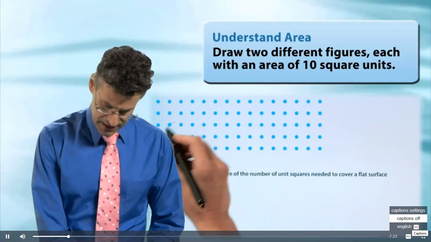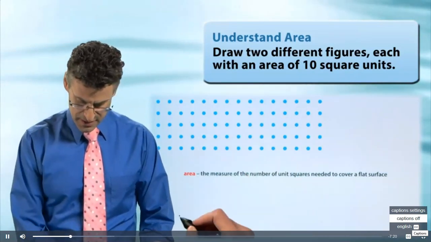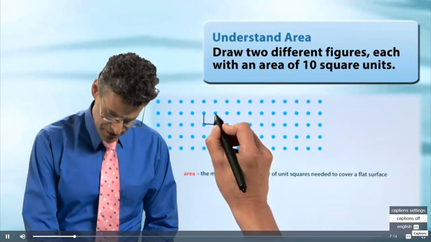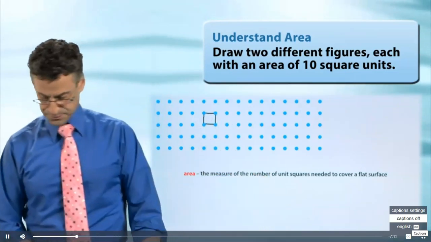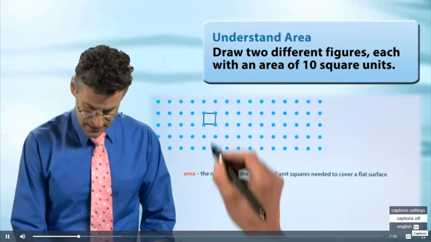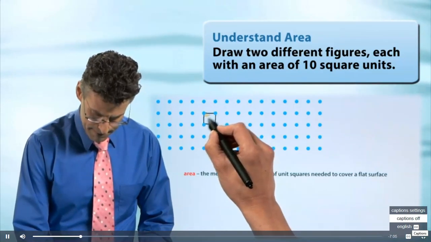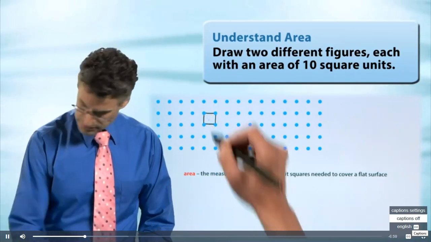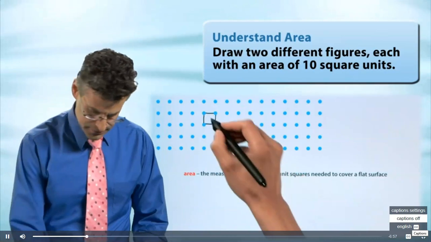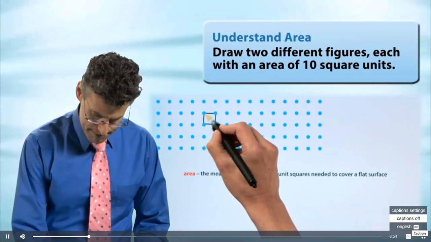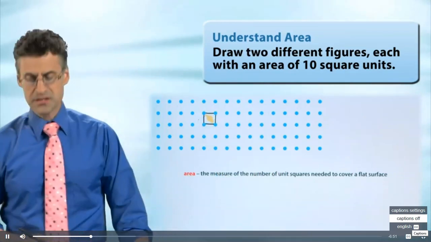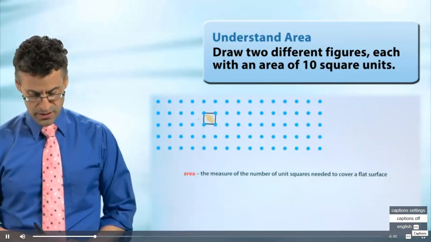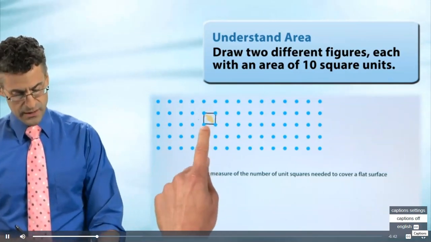So here's what I mean. If I were to take a look at this grid, and let's say that each one of these is a 1 unit square, then if I take a look at this square right there, and I take a look at covering it, then in fact, I would require one unit worth of material, and so this would have an area of 1 square unit.